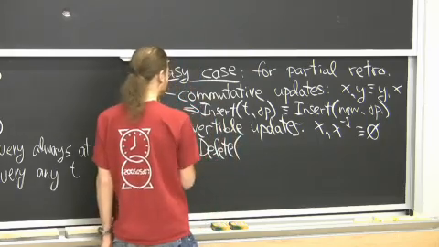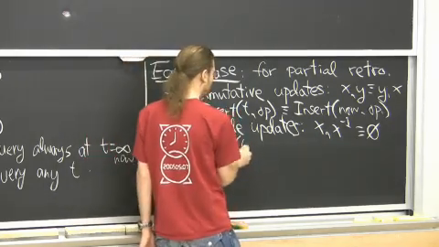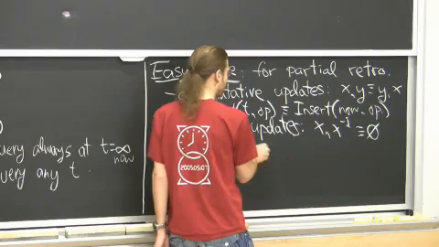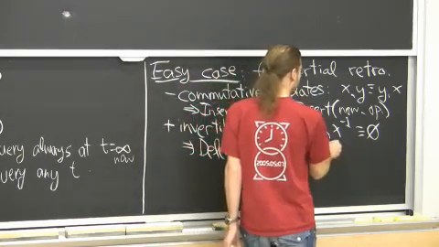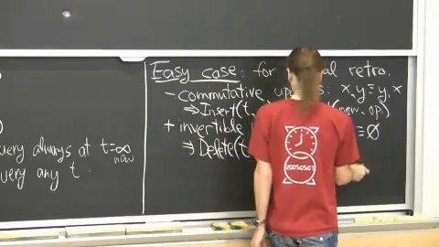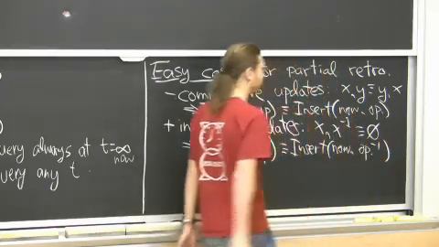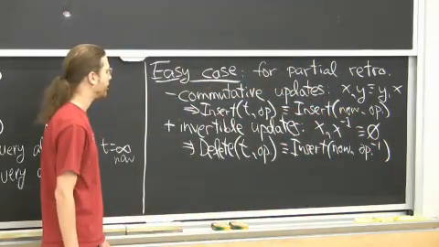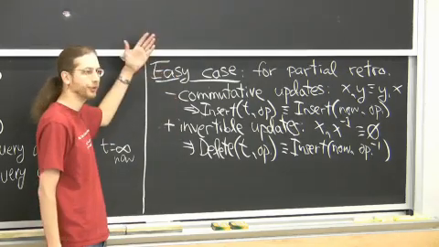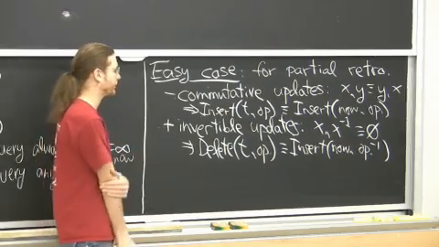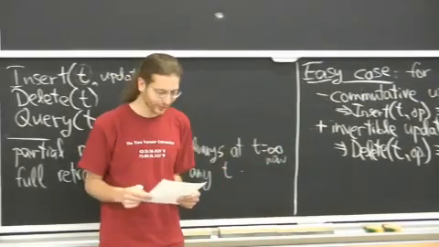And if you have also commutativity, so I'm adding these two constraints, then delete t of some operation is the same thing as inserting now that operation's inverse. So if I have both of these properties, then partial retroactivity is trivial. I just do everything in the present. May not seem very exciting, but it solves a bunch of problems already for free.